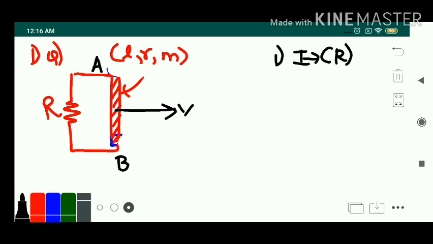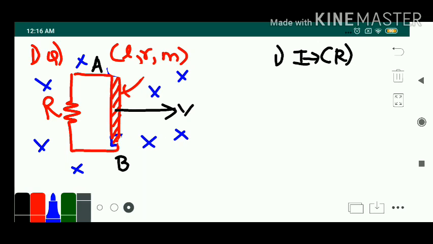Now this is only a single rod, right? Okay, I didn't write this section, so there is a magnetic field also, right? I forgot to mention it. The entire system is inside a magnetic field B which is directed into the page. So this much portion we have already learned, right? This rod is moving with the velocity in the right direction.